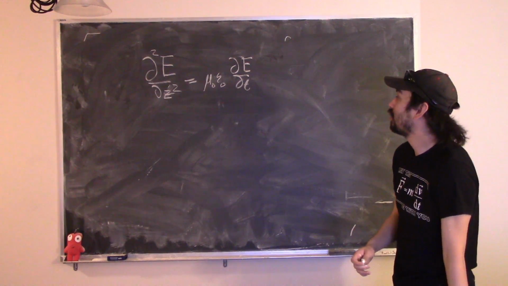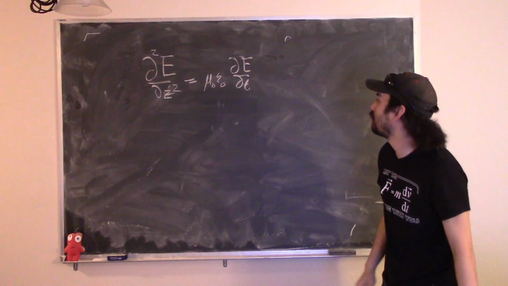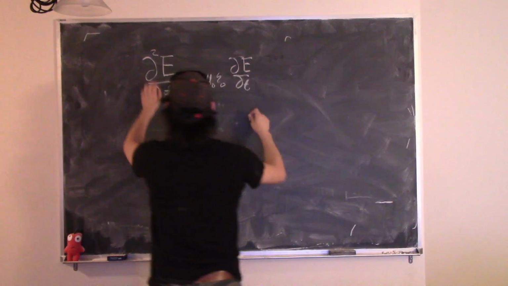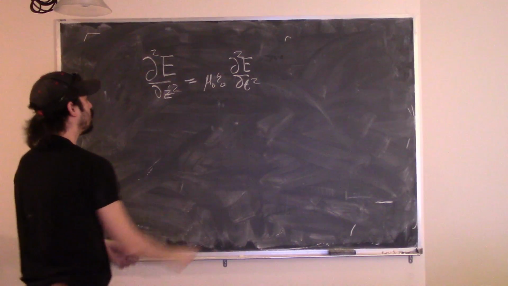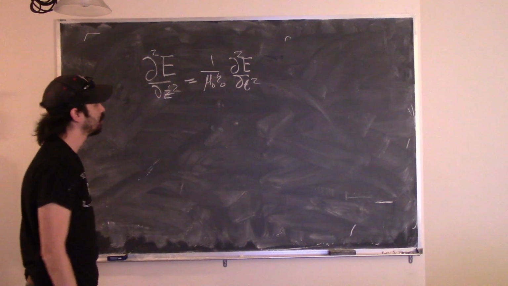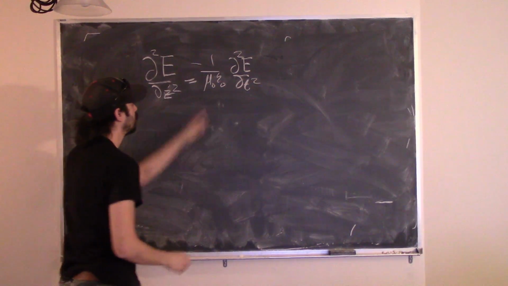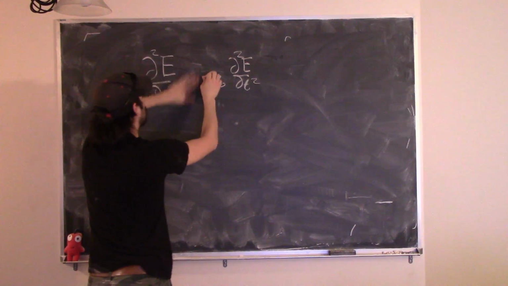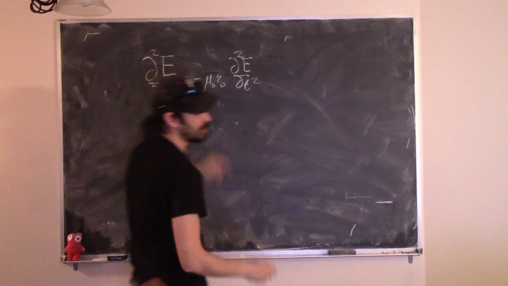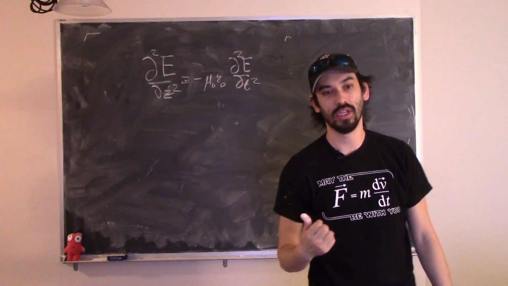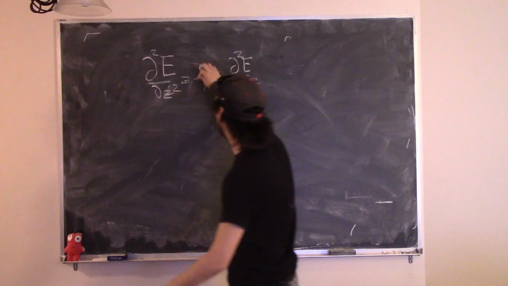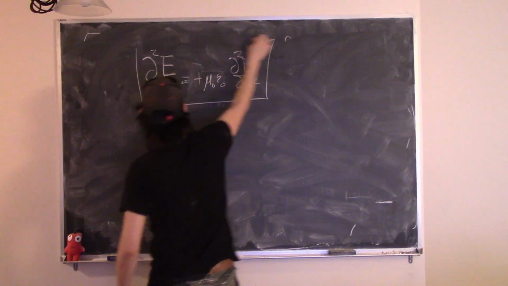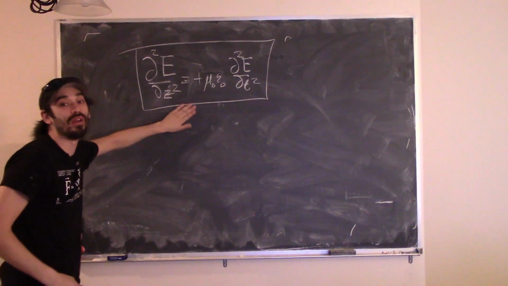I can change some things around here. Okay, so I brought it back. This is the wave equation. There's a lot of little things that I could change about this equation to make it not actually the wave equation. But the way that I have it written right now, this is the wave equation.